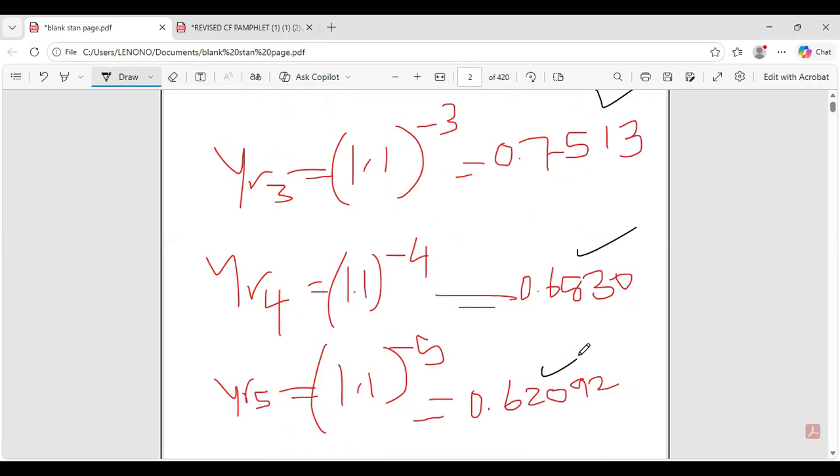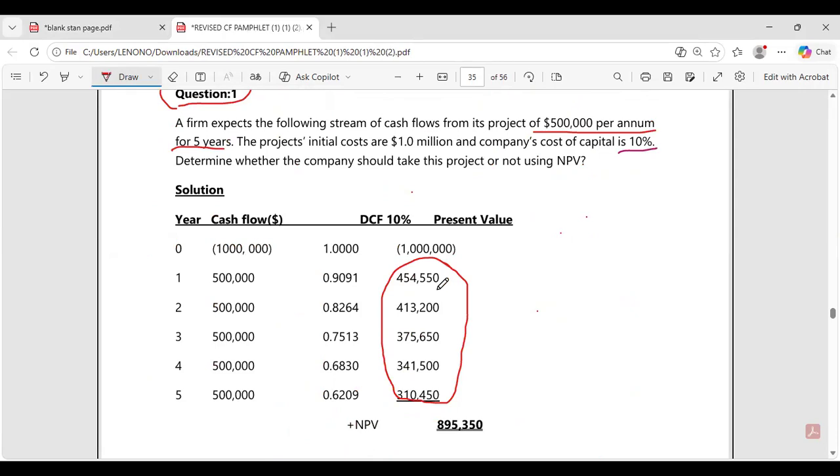So this is what is going on. All right, so you need to multiply now. You multiply this one, you get this value, and so on for each year.